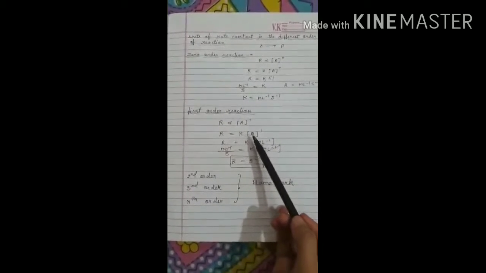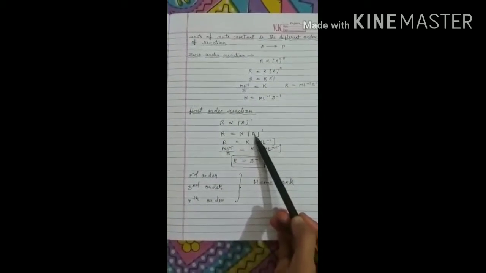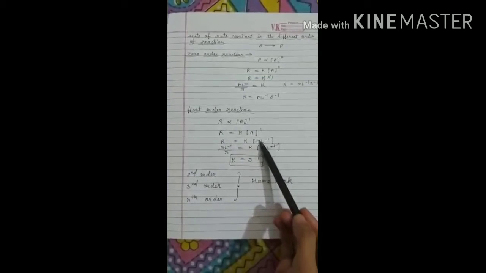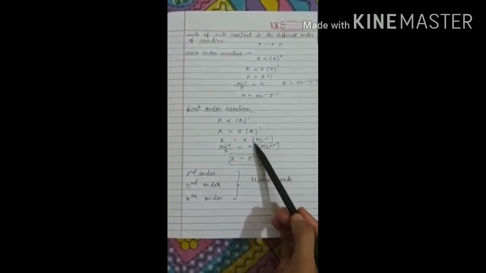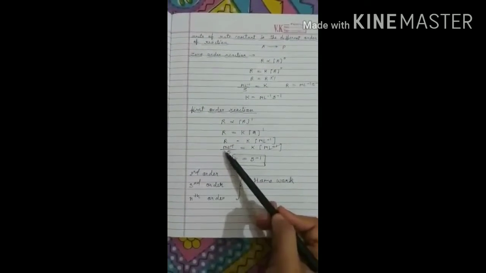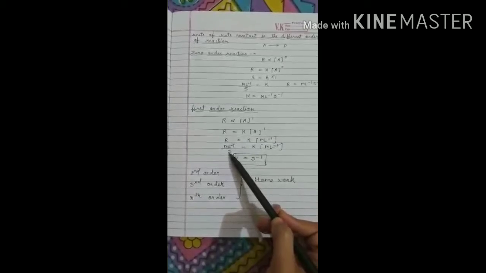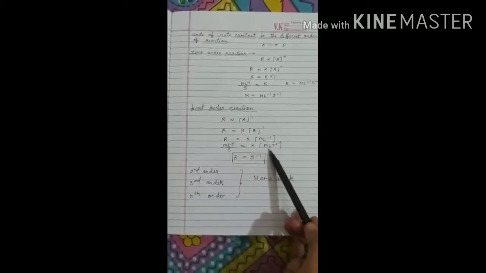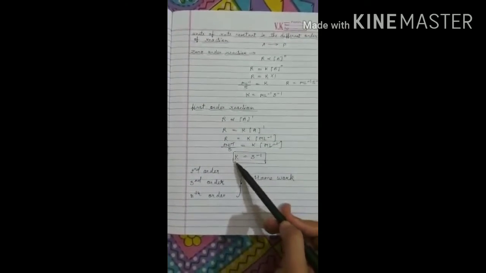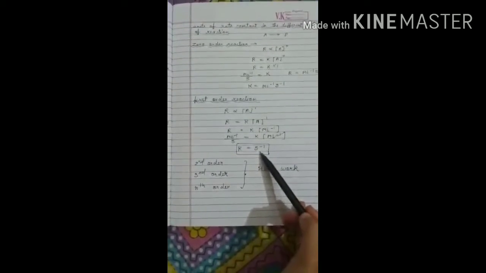Here we have to take A as a molar concentration also, so its unit is mole per liter because it is a molarity. The unit of rate is mole per liter per second. So mole per liter cancels with mole per liter, and we get the unit of rate constant for first order: K is equal to second inverse.